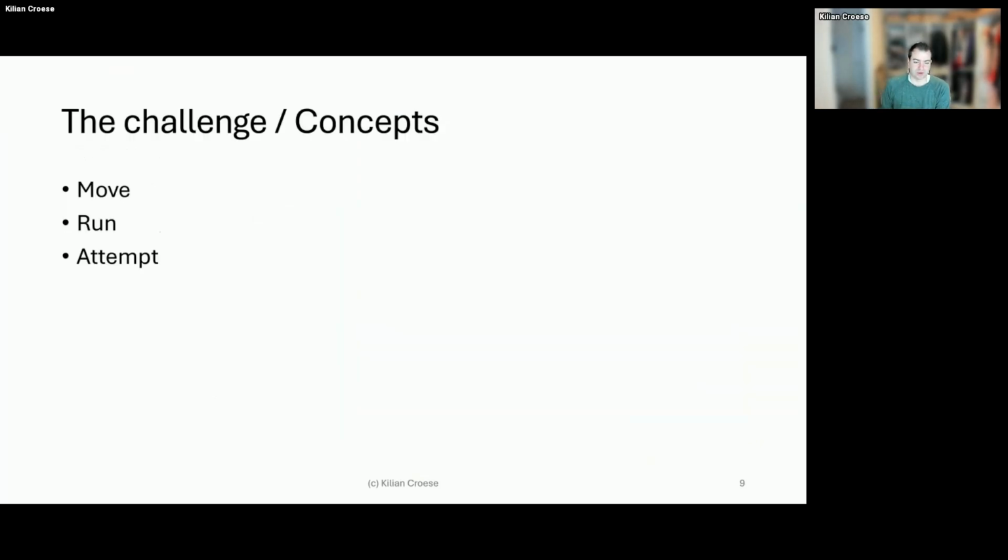Then there were 3 concepts to be aware of. First of all, a move. Pretty self-explanatory. Your agent makes moves, and you could only go north, east, south, or west. So basically only one step. And when you do a move, you get back a natural language response that tells you about the surroundings.